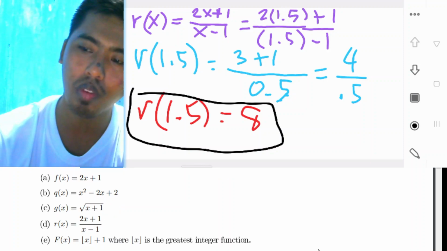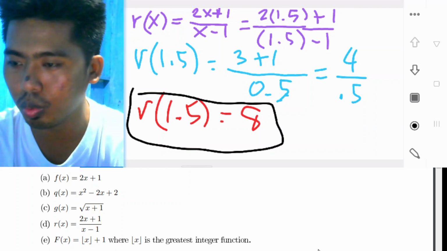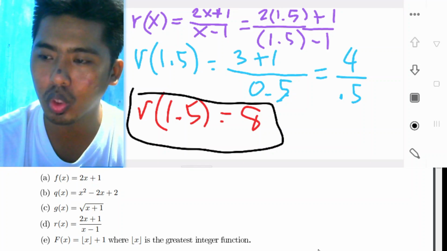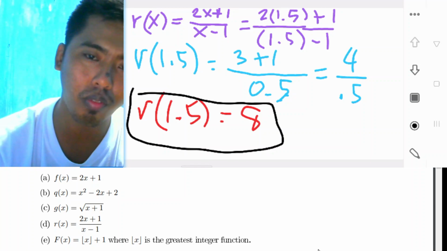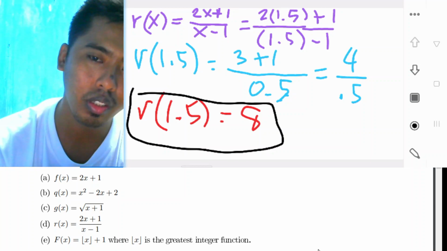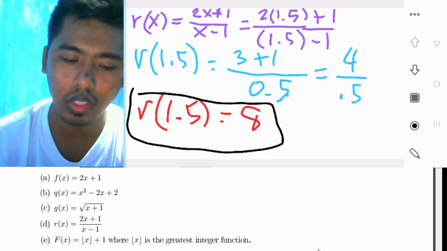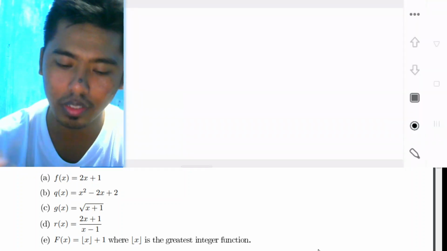So f of x is equal to the floor function of x, or the greatest integer function, plus 1. We call that one the floor function, or greatest integer function. So let's try that particular example.